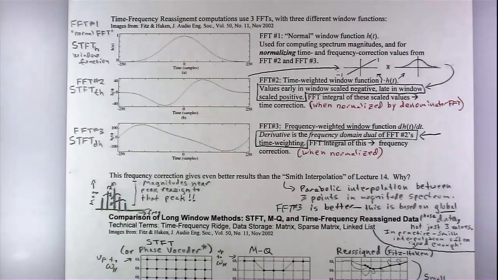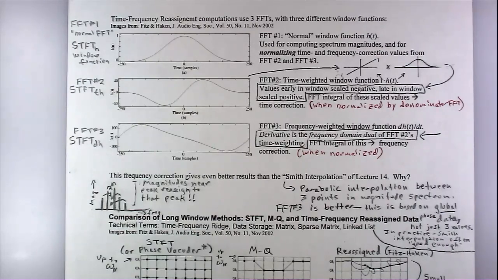So one is reassigning frequency, one's reassigning time. That's what this here is, a frequency domain dual. We used to call them duals. Anyway, the time domain properties tell you that if you have a function that's a ramp, that corresponds to a frequency domain derivative.